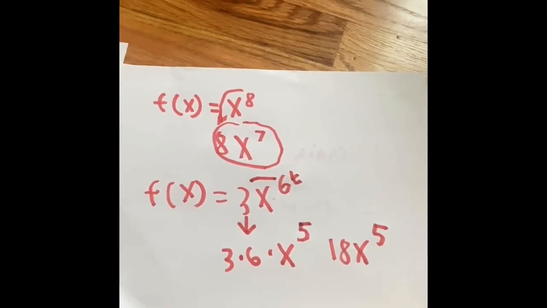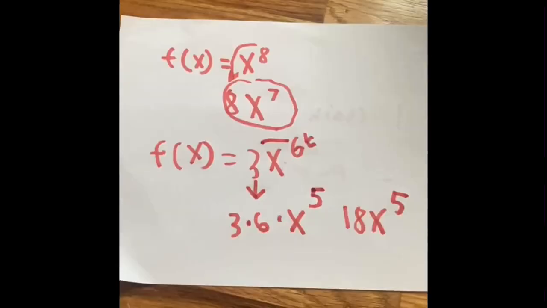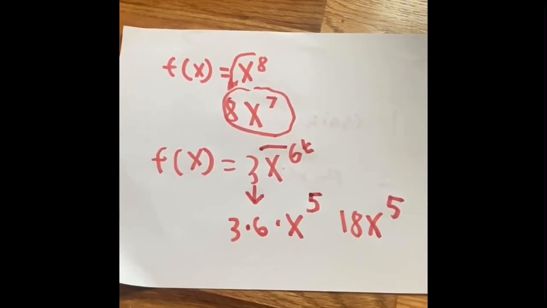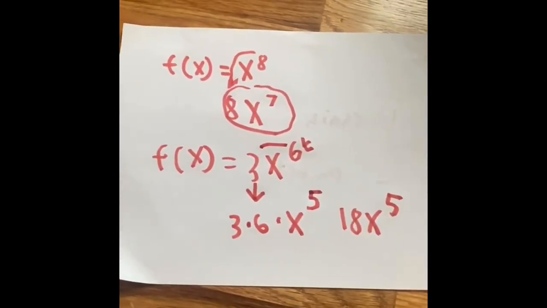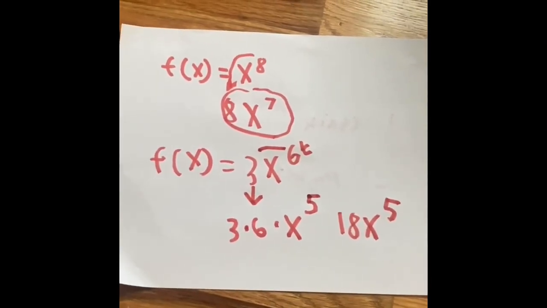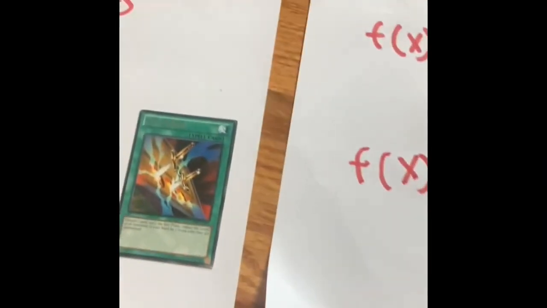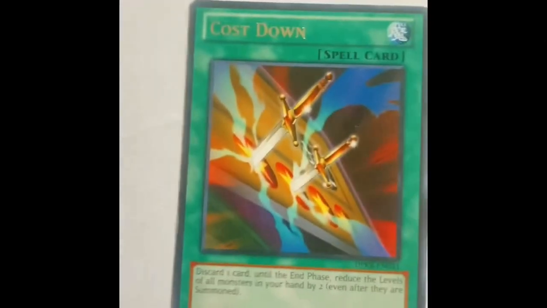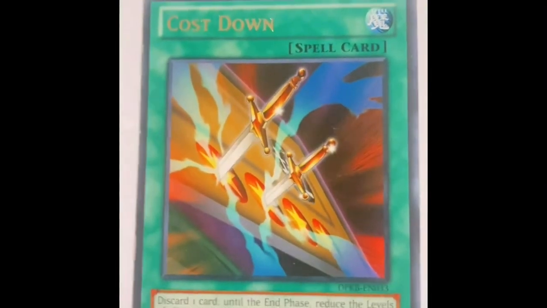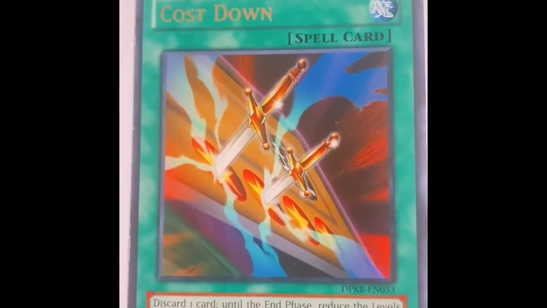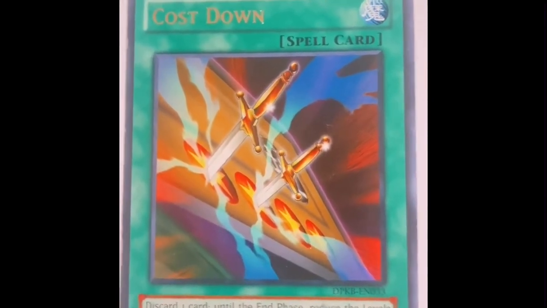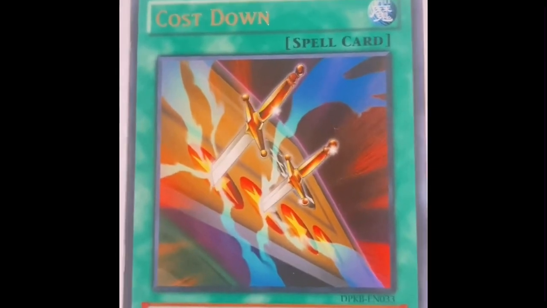Hang on, this reminds me of something. If you ever play Yu-Gi-Oh! and you've heard about what a spell card is, then the derivative formula reminds me of this spell card. It's called Cost Down. Discard one card. Until the end of the phase, reduce the levels of all monsters in your hand by 2, even if they are summoned.